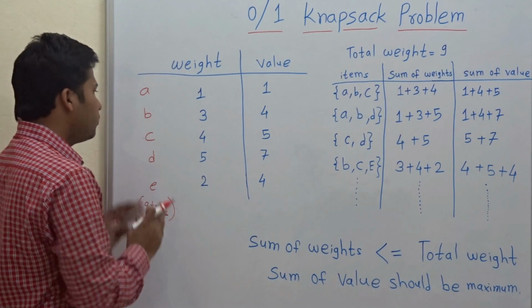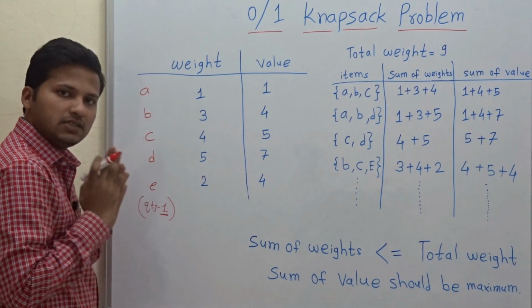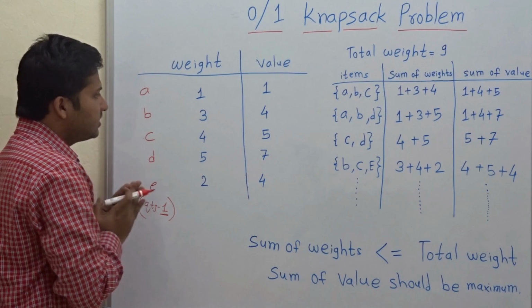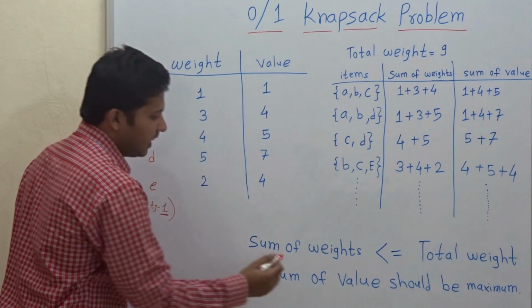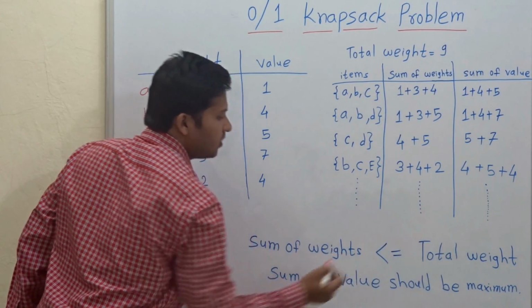Now we have to select these items or these weights in such a way that the addition of weights, that is the sum of weights, is less than or equal to total weight.